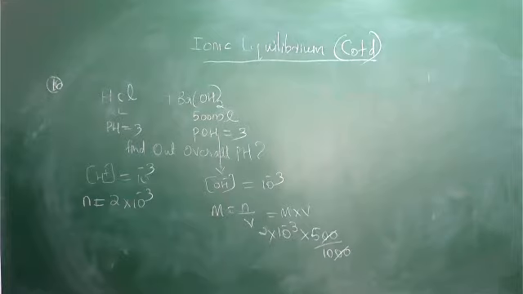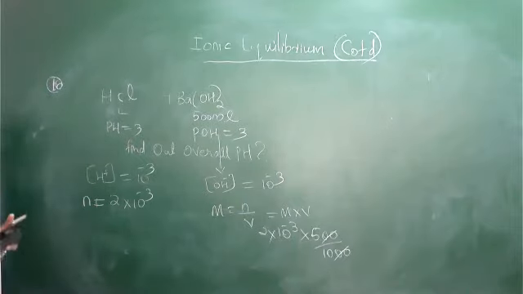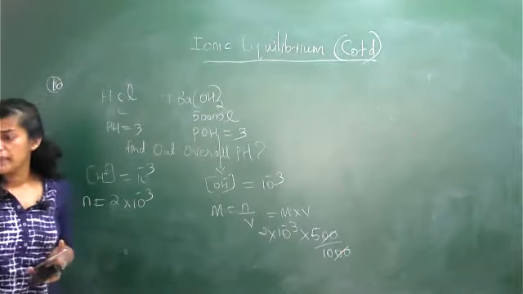Answer: H plus ion concentration is near about 3 by 5 into 10 to the power minus 3. Got it? H plus ion, not total. Okay, good. Students, do it by yourself.